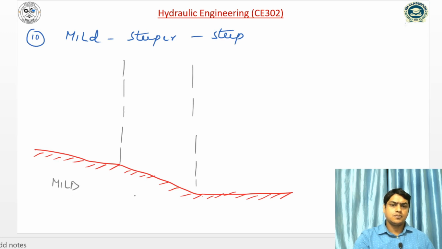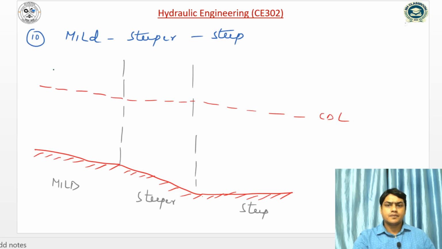This is mild, steeper, steep. So if I draw the critical depth line, this is the critical depth line and this is the normal depth line.